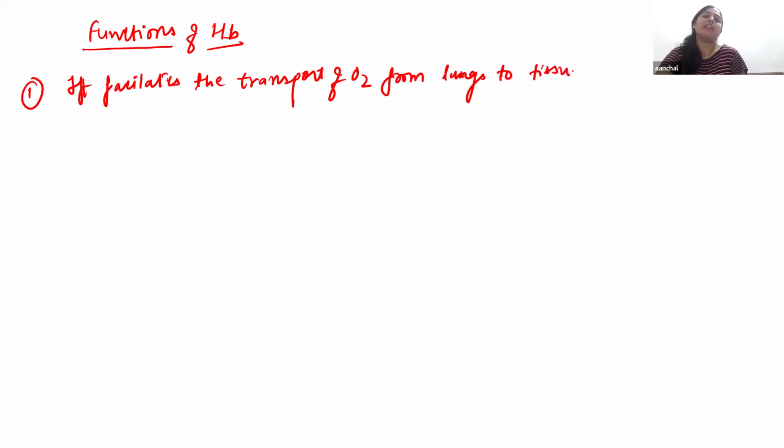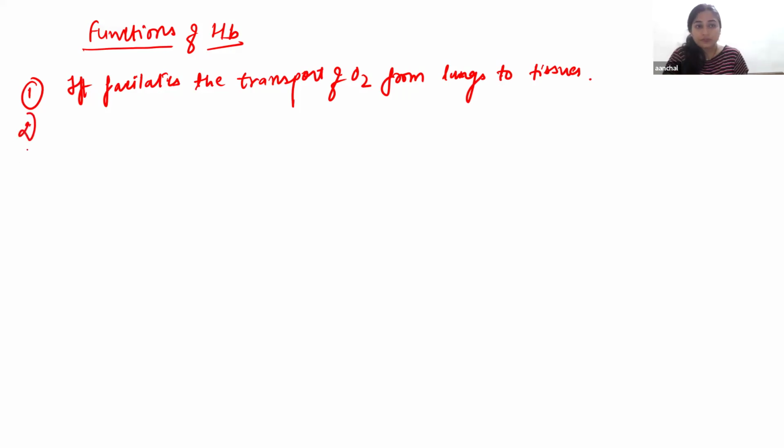As we inhale, oxygen goes to the alveoli, diffuses across the blood capillaries, and the capillaries transport the oxygen along with hemoglobin to the tissues. This is the main function.